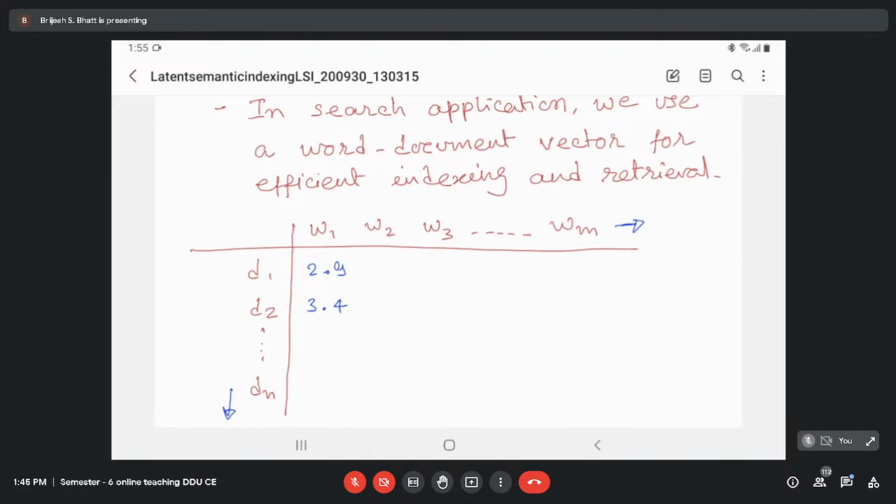There are so many documents on the internet. D1 to DN are all such documents available on the internet, and W1 to WM is the complete vocabulary of a language. For example, if our search is restricted only to English, what can be the size of the number of columns in this matrix? All the legit words of English, right?